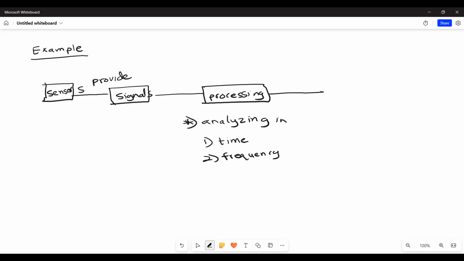After that, we are going to go for inference and estimation, where we are going to estimate the information or the signal that we received to a certain output.